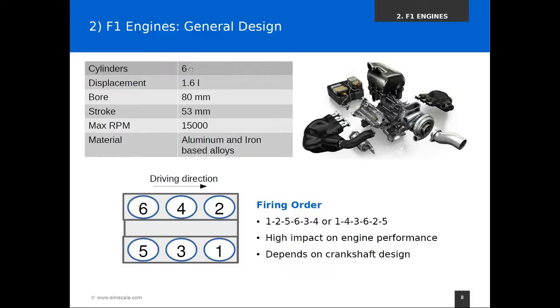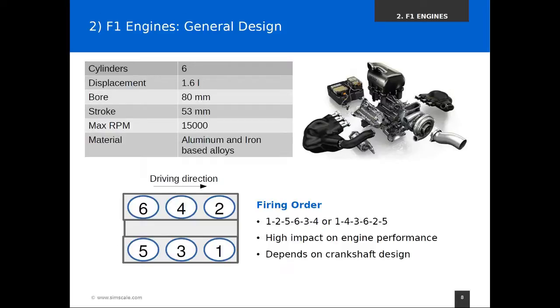We have 6-cylinder engines, and these have to be configured in the so-called V-type, which means that we take these 6 cylinders and we arrange them in some sort of V shape, which you can recognize here in this picture on the right. The cylinders are actually here.